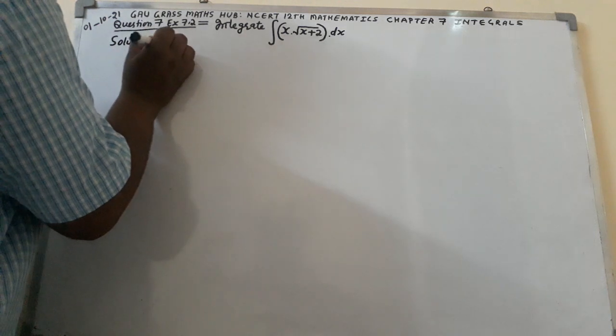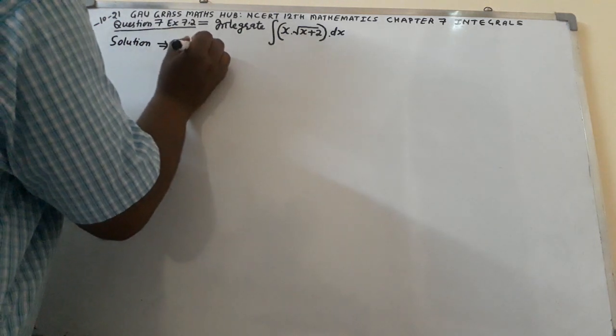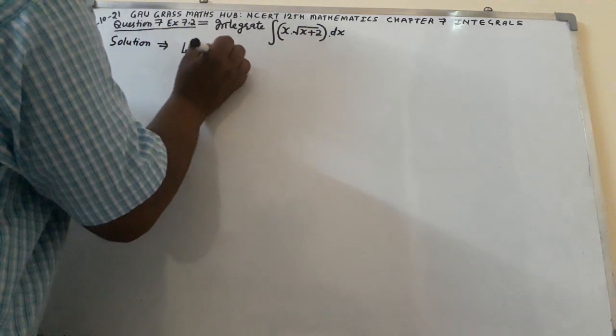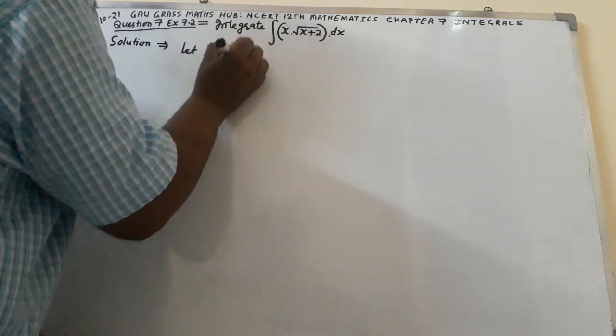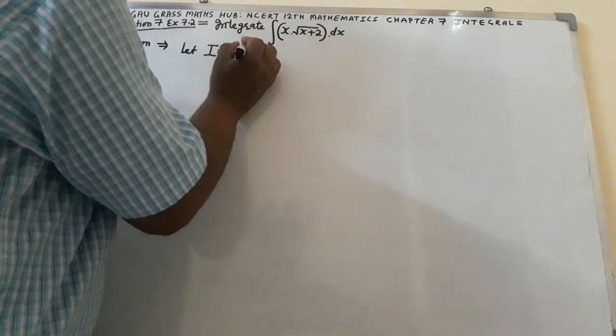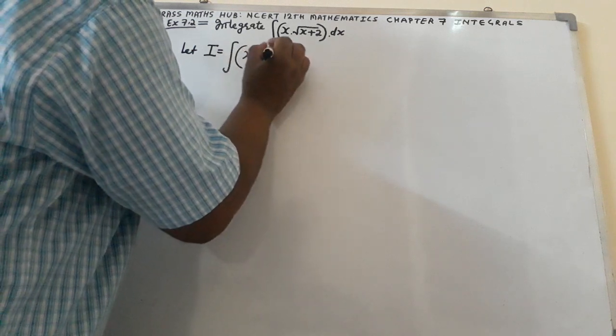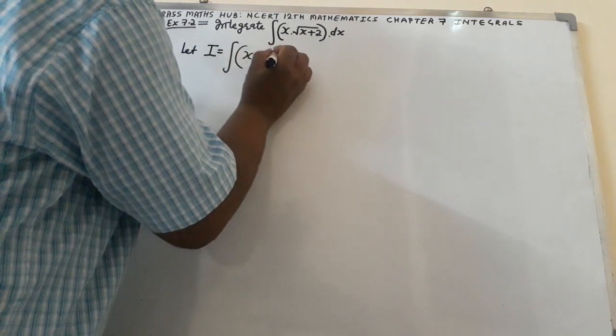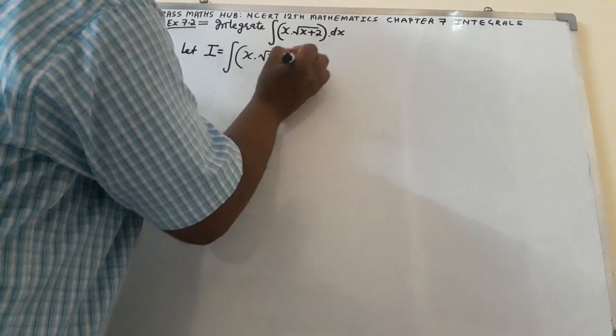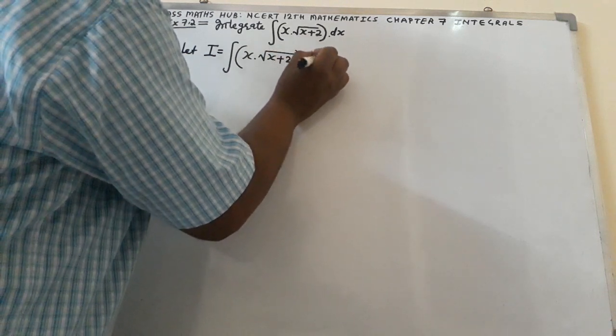Solution implies that let I equal to the integral of (x times square root of x plus 2) dx.